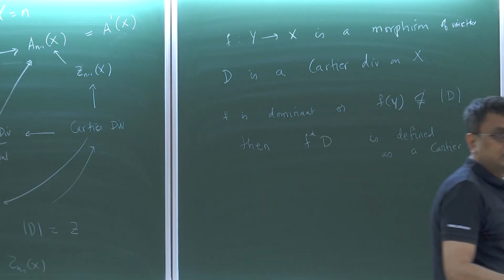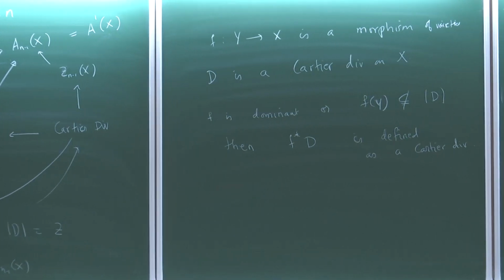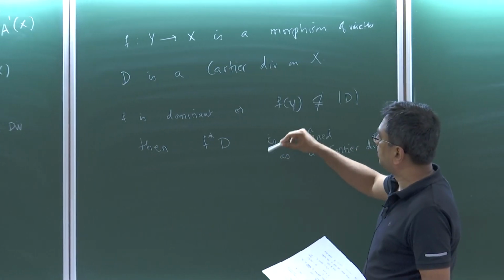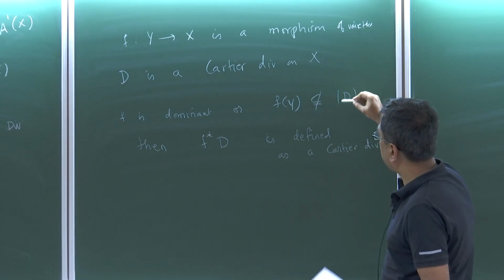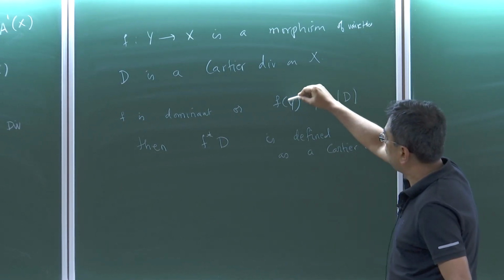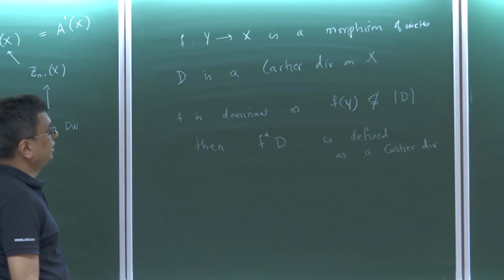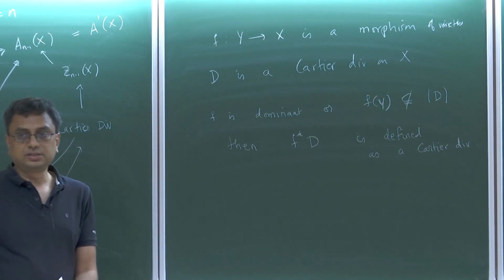How do you define it? Cartier divisor is (U_alpha, f_alpha). Take inverse images of U_alpha, and basically f_alpha. So I'll have to intersect. I take those U_alphas which intersect f(Y), and ignore the others.